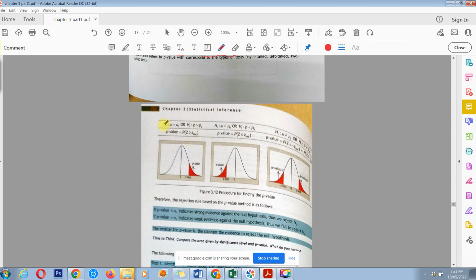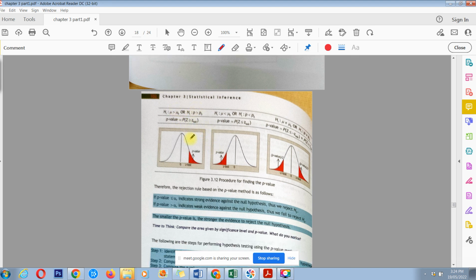If H1 is nu greater than nu naught, the difference is nu and here it is P. If Z is greater than that, the p-value here is here.